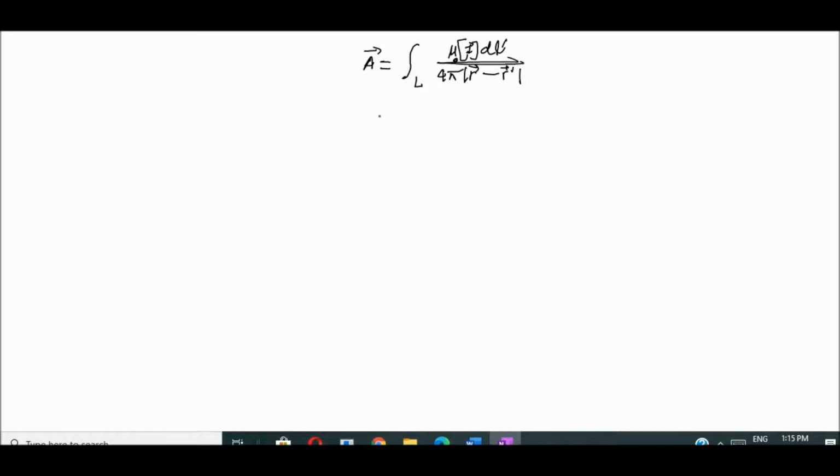Yes. So now substitute these numbers. So A is equal to, we should integrate this.